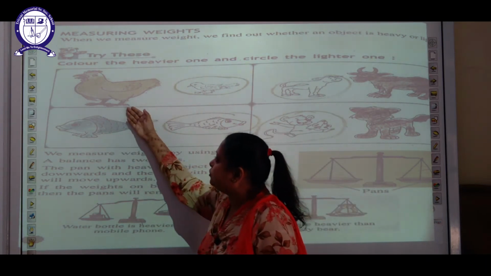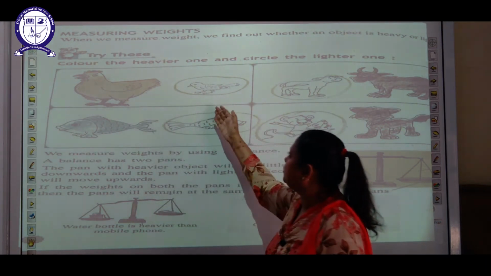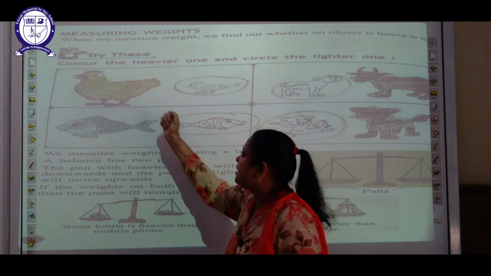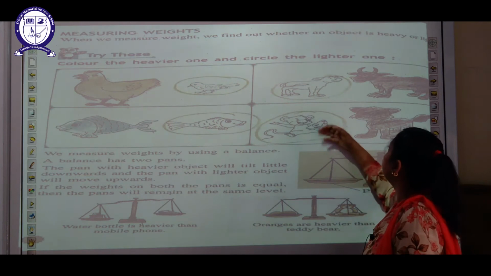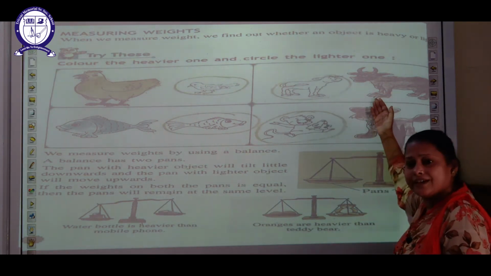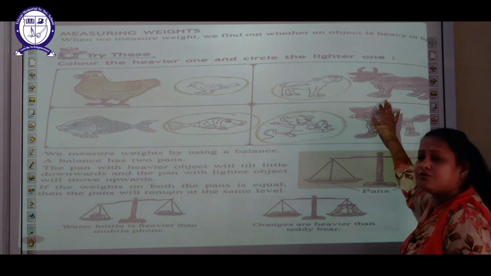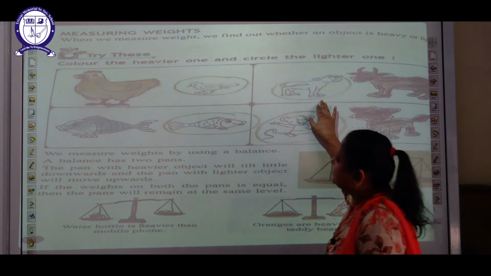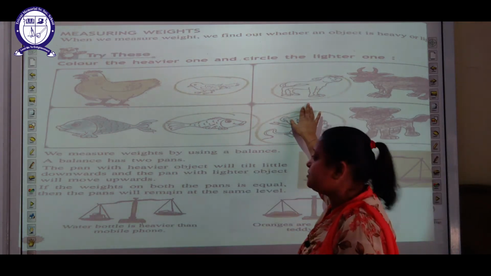Okay, you have to color here and circle this, because this bird is lighter than the hen. Next, students, which is heavier? In this picture, this shows that it is heavier. So in this you have to color it very beautifully and carefully, and circle this because it is lighter.